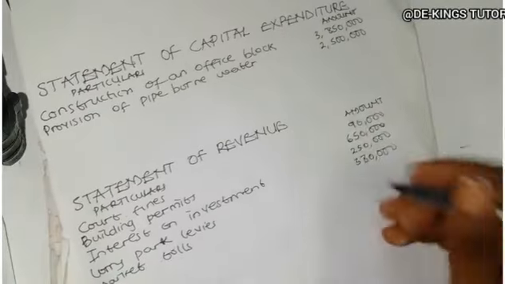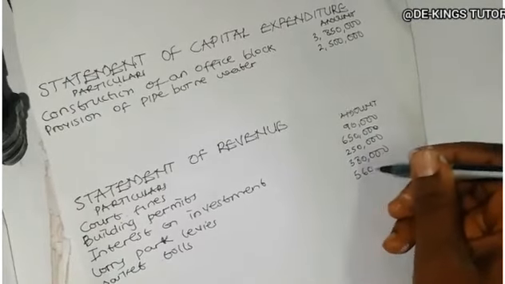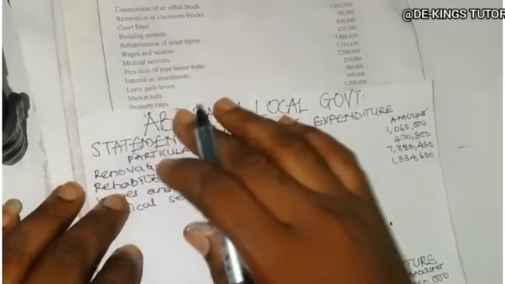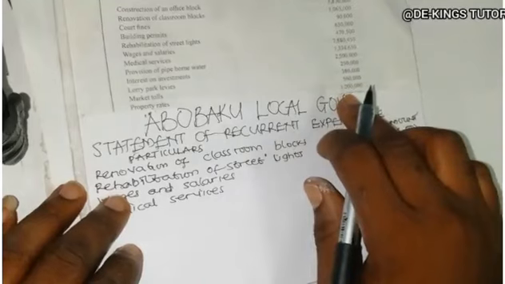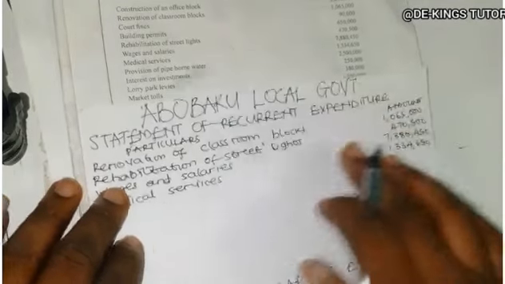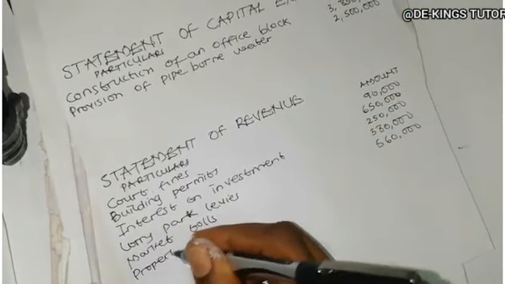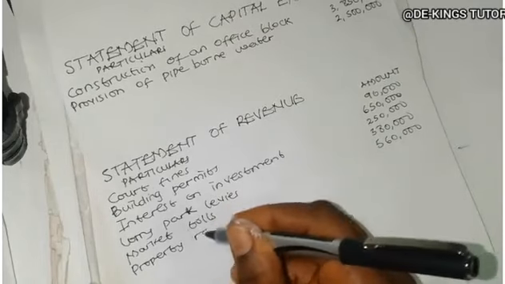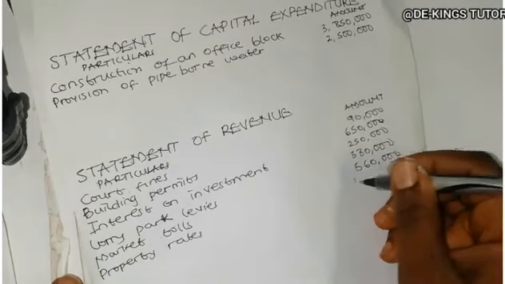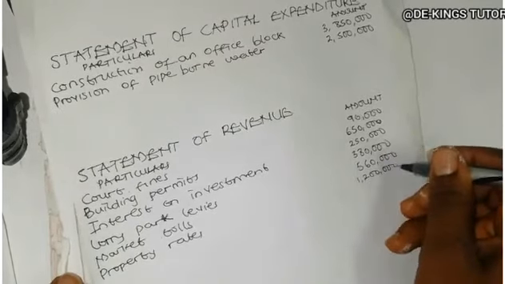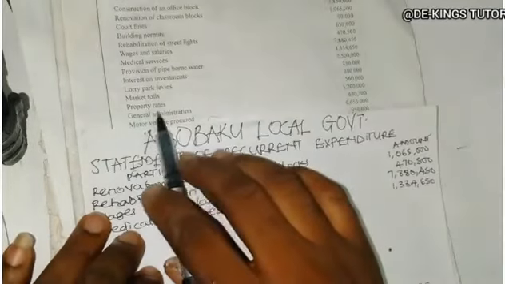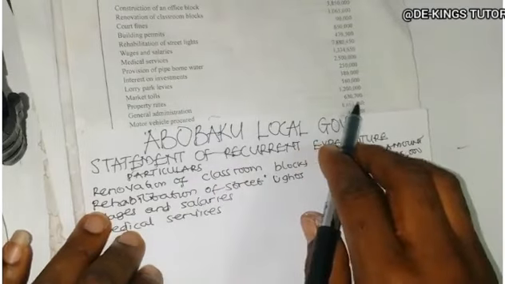And the next one is property rates, 1,200,000. Property rate is also an income to them. Next one is general administration, 630,700.